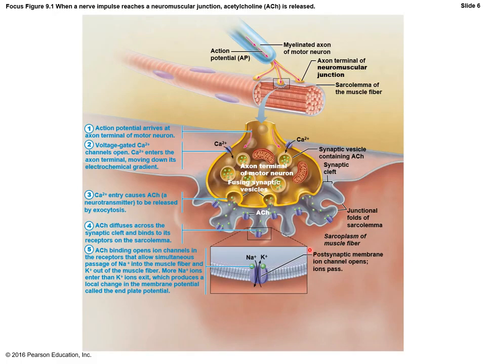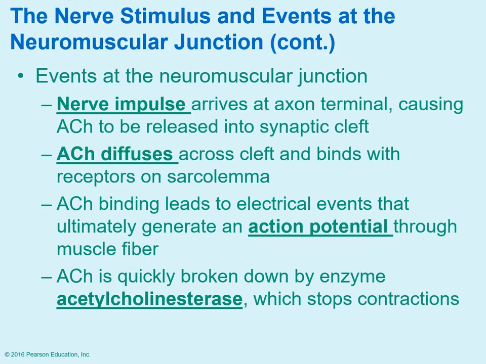So it goes, once again, high to low. So the sodium is going to flow in. So you have this influx of sodium. Sodium has a positive charge to it. Keep that in mind. So once again, you've got the nerve impulse arriving, the acetylcholine diffuses across, binds, opens the gates to allow the influx of sodium.